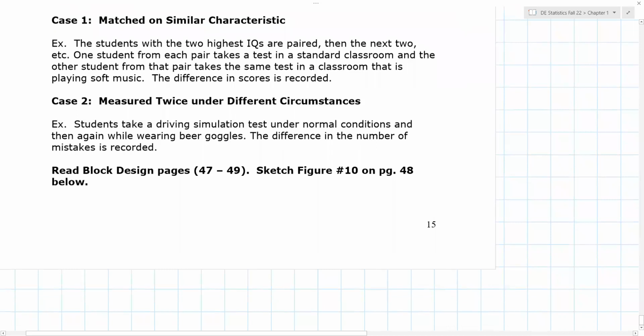And then the last topic, and we're not really going to cover it, is a block design. We don't really cover it, but essentially a block design is where you have two large groups.